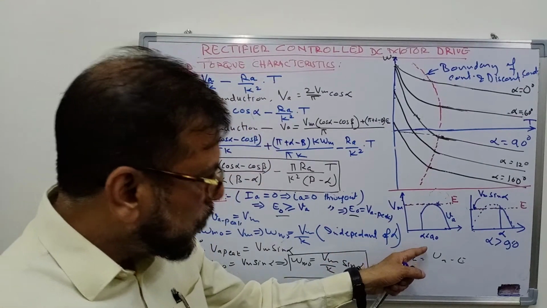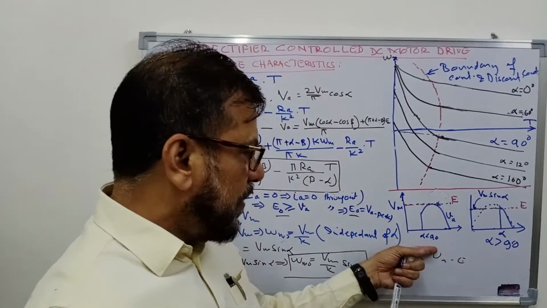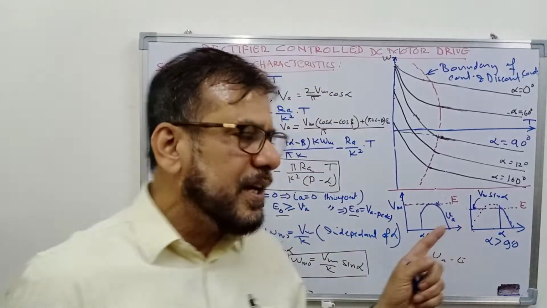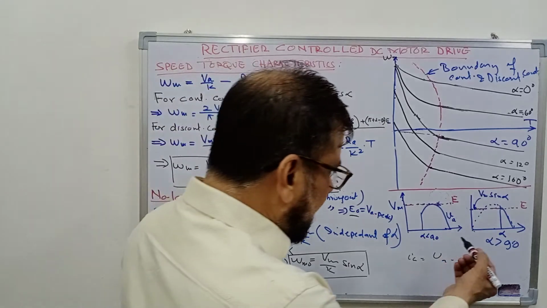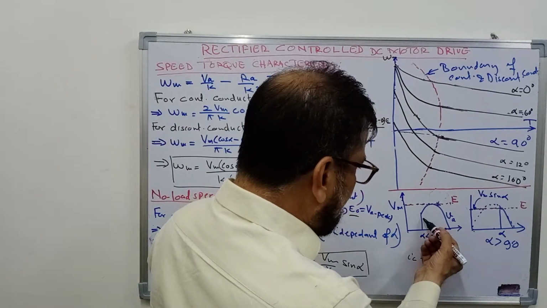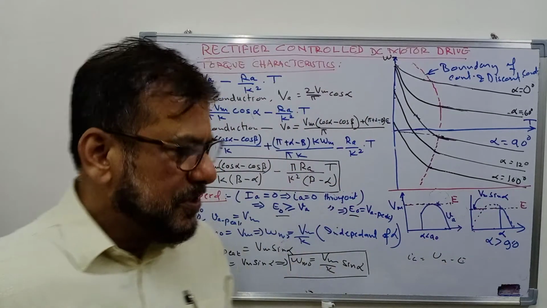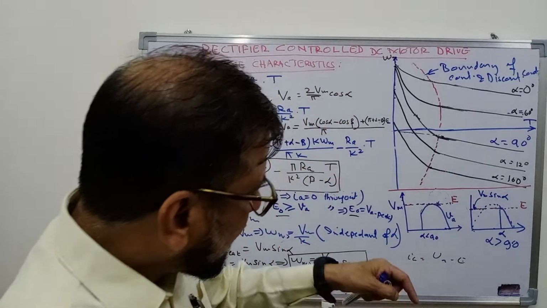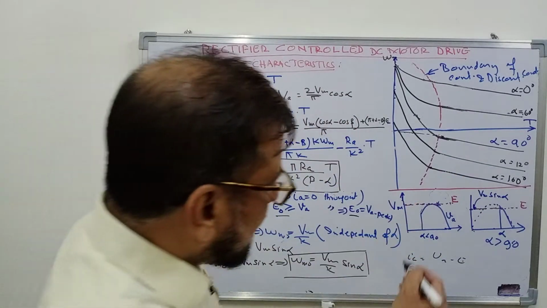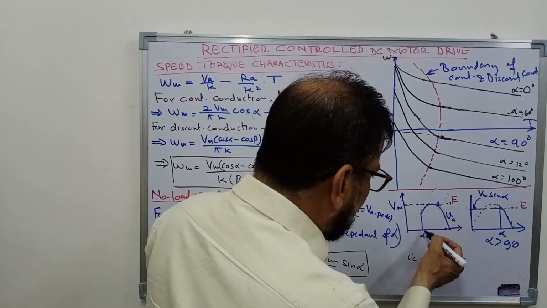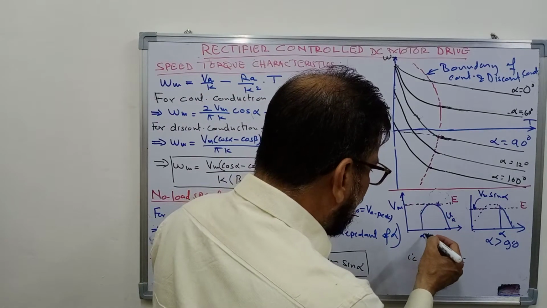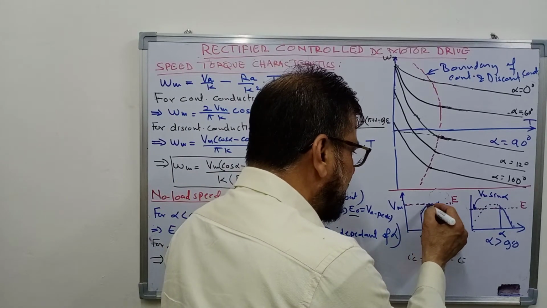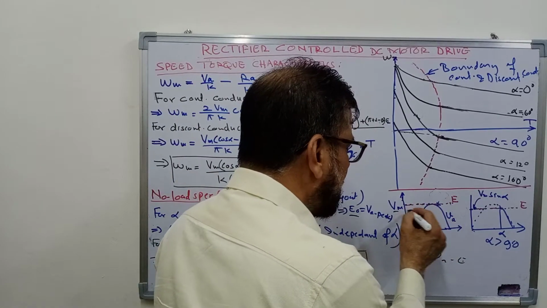Now here I have shown two cases, one for alpha less than 90 degrees and other for alpha greater than 90 degrees. For alpha less than 90 degrees, you recall the equation, the waveform of armature voltage. It becomes like this, and you can see that in this case the peak value of VA, whether alpha is 90 degrees, 60 degrees, 30 degrees or 0 degrees, always remains equal to Vm.